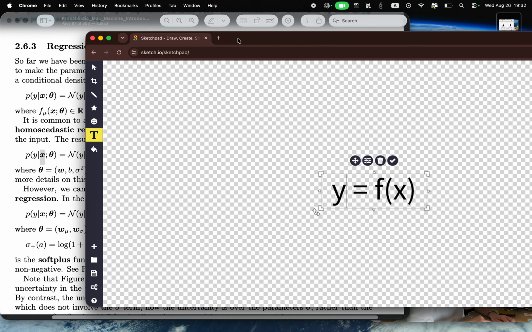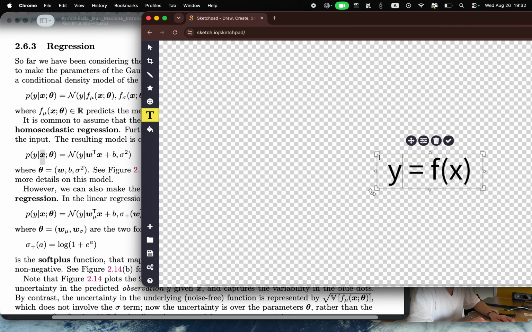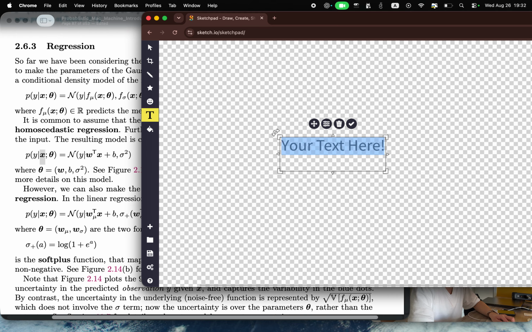Now, in the linear regression case, I'll put it here. We take y is w transpose x plus b, and there is sigma squared.